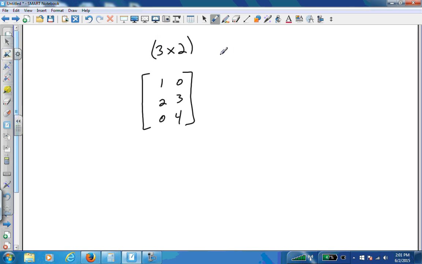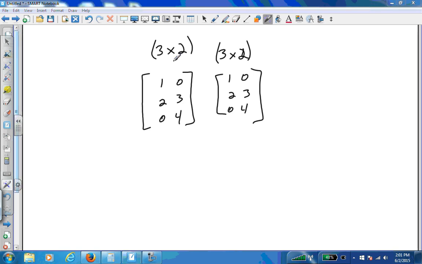Let's see if we had 3 rows by 1 column, or we'll do 3 rows by 2 columns again. We'll even do the same matrix times itself. So basically squaring it.